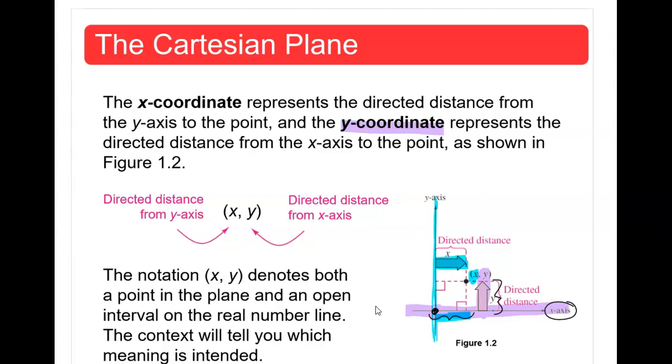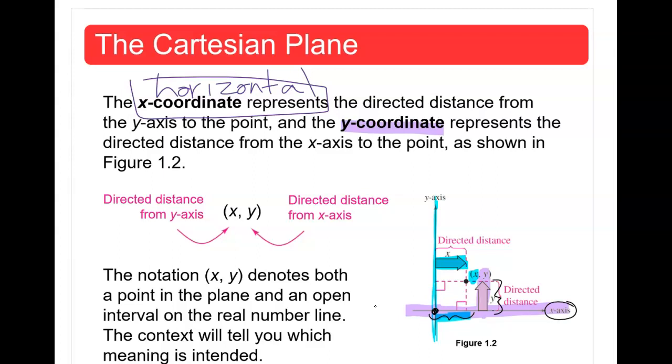And I like to remember that the x-coordinate represents the horizontal distance. And of course, this could be positive or negative, depending if you're going to the right, it's positive, and if you're going to the left, it's negative.